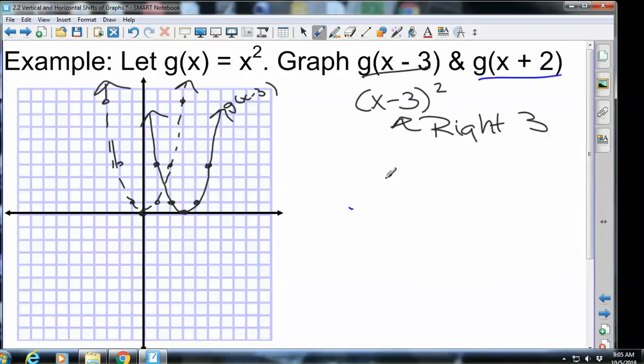The next one was g of x equals x plus 2 squared. So if I add to x, that's going to take it left. So it's back to the original, and you're moving all of those left 2.